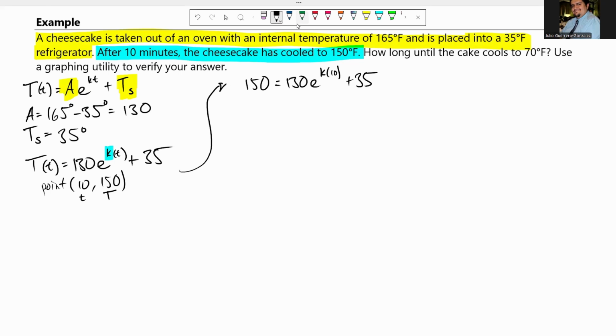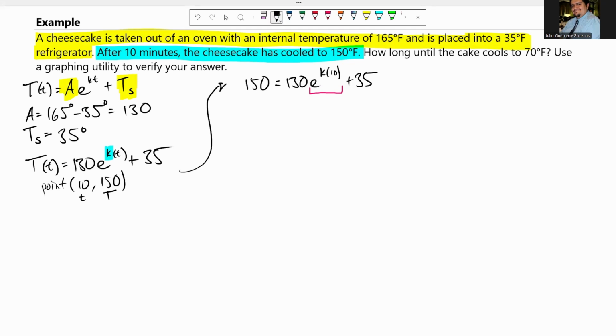You guys notice now, with what I just wrote down, the only thing that's not solved is the k. So I can presumably solve for my k. I need the e to the k times 10 by itself so I can hit it with my exponential to logarithmic conversion and then solve it out for k. So I'm going to do the moves.